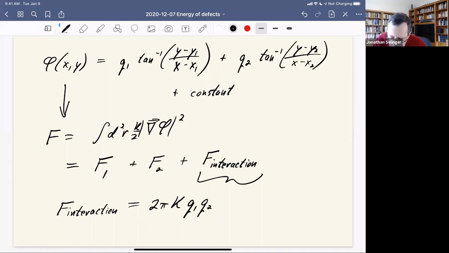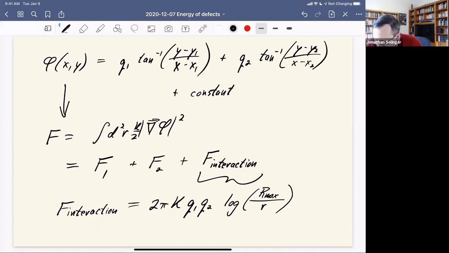That's reasonable because we're multiplying this term times that term. And then there is a log of R max divided by the distance between the defects.